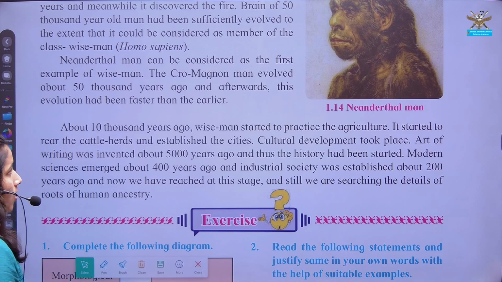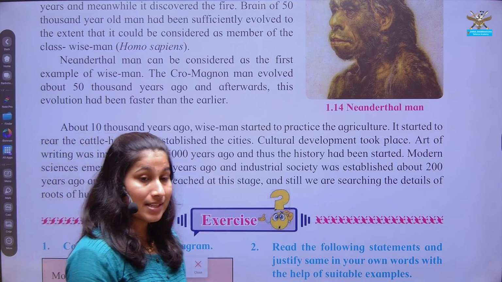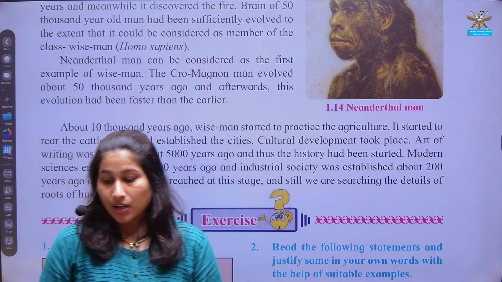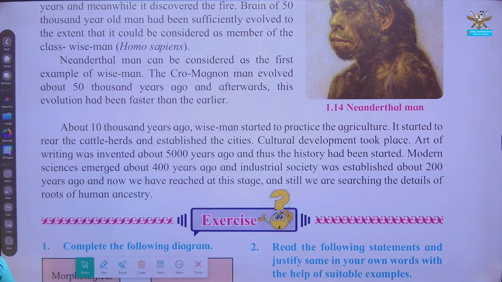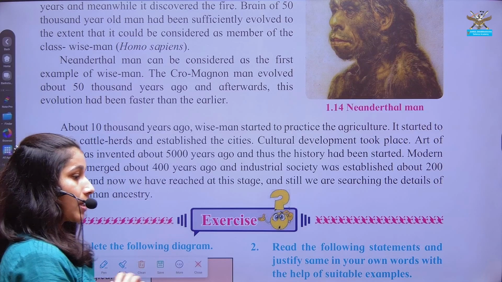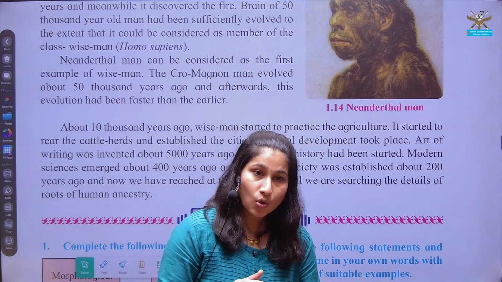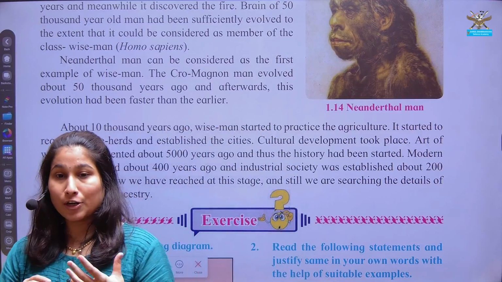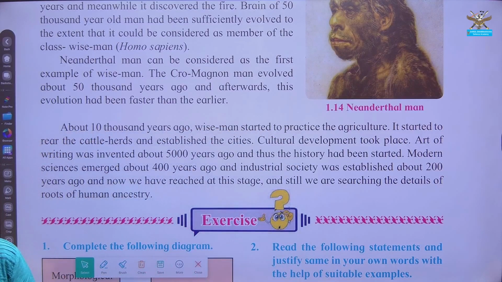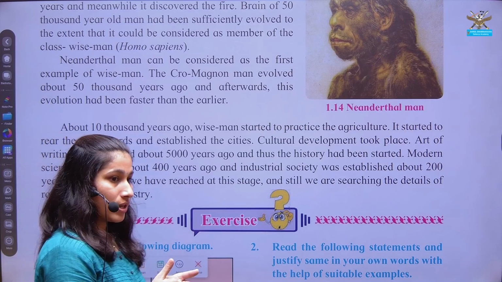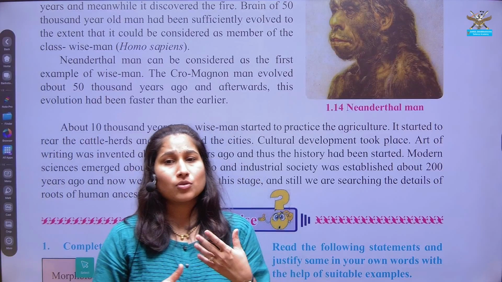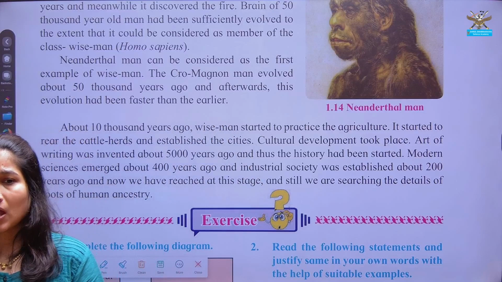10,000 years ago, wise man started to practice agricultural activity. The invention of fire was done. Now as fire came, slowly and slowly they started to cook their food, along with agricultural practice, and from these slowly emerging activities, the brain started to develop, and today's humans are observed.